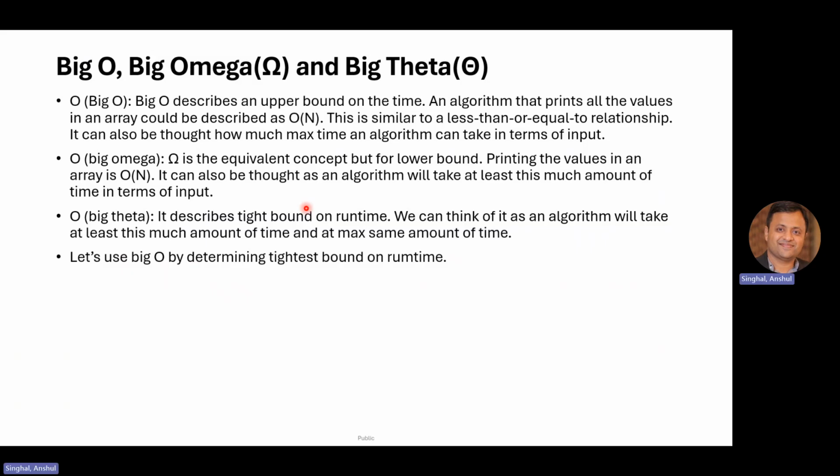And finally, big theta is the tightest bound on the runtime. We also made a note that whenever we are analyzing the runtime of an algorithm, we will always look for the tightest bound on the runtime, right?